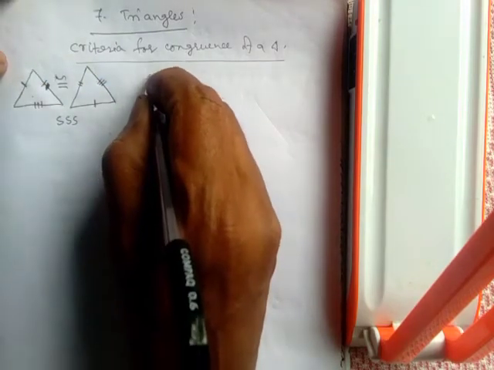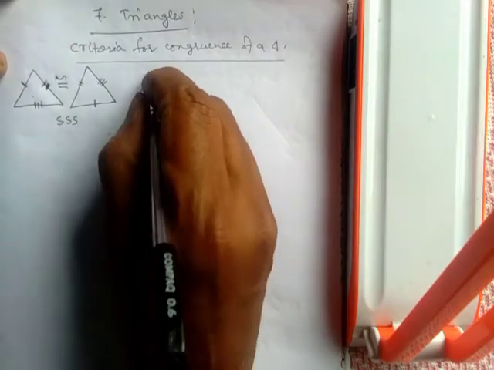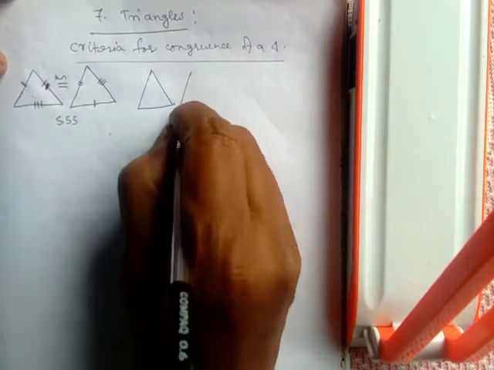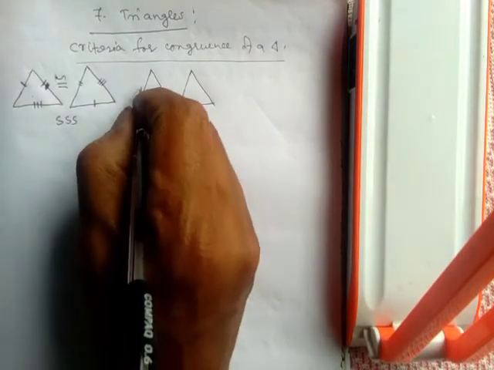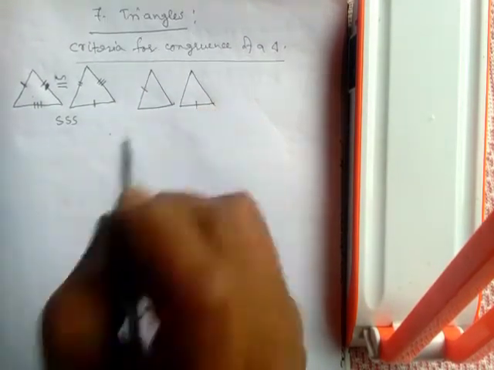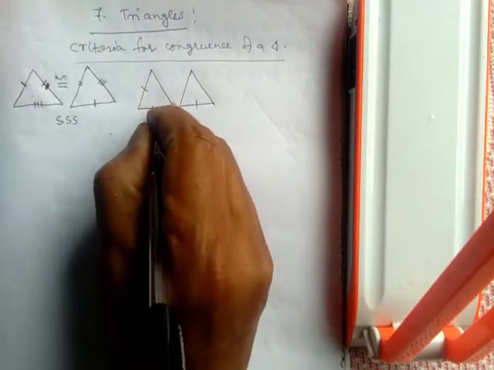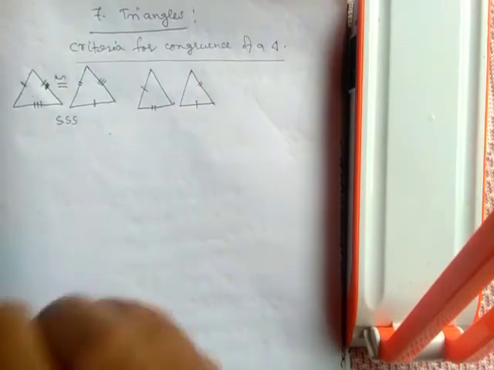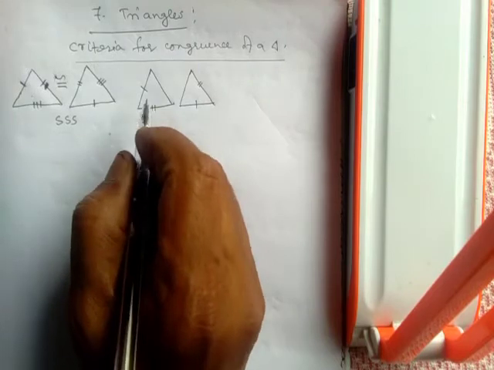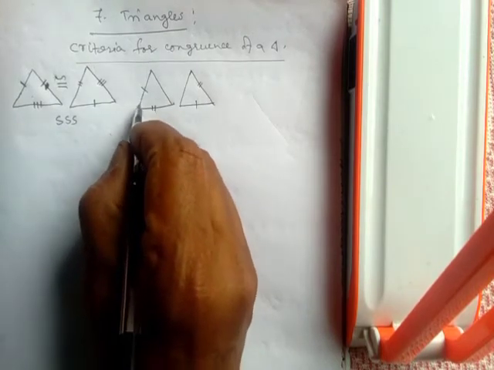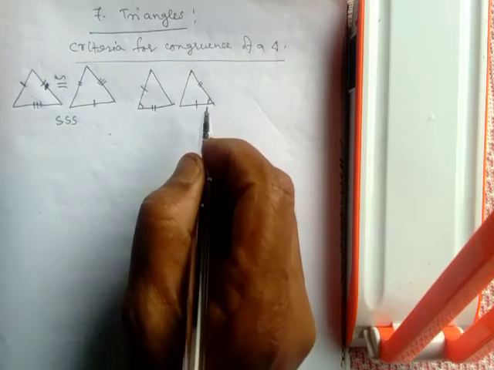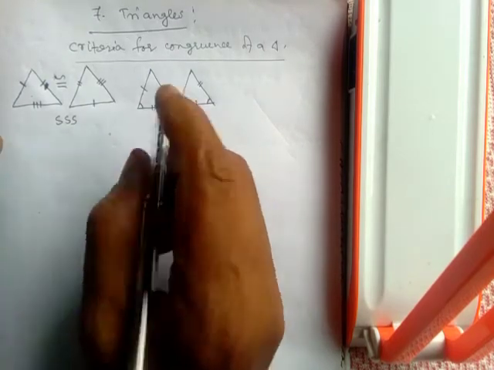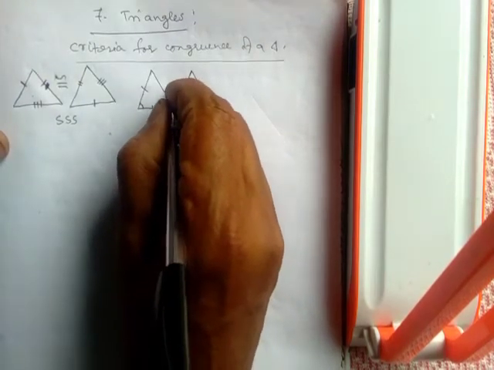Next, I am taking another pair of triangles. These two triangles. This side and this side are equal. This side and this side are equal. And the included angle of these two sides, this angle, and the included angle of these two sides, this angle, are equal, then these two triangles are said to be congruent.